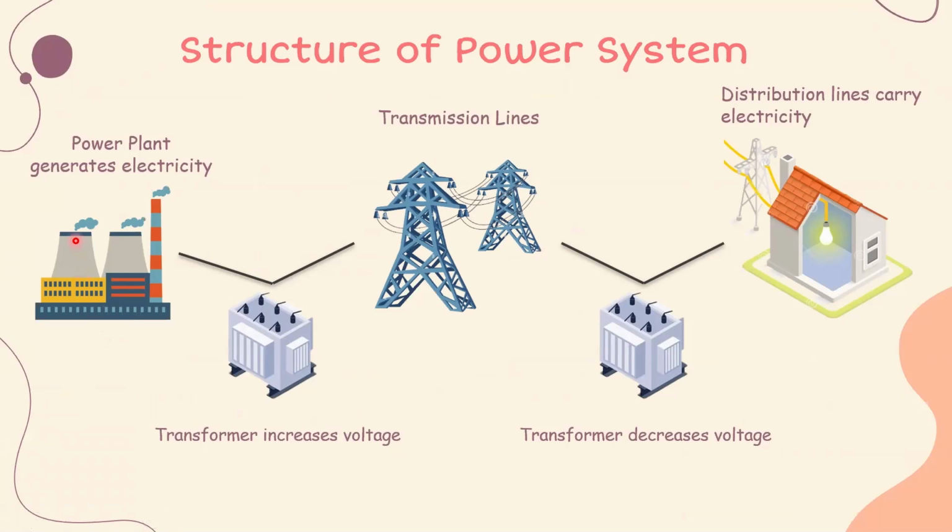Over here, we have the power plant that produces electrical energy at a low voltage level. One of the reasons that we keep the generation voltage at a low level is that it creates fewer stresses on the armature of the alternator.